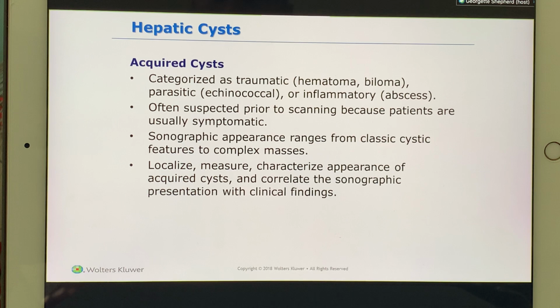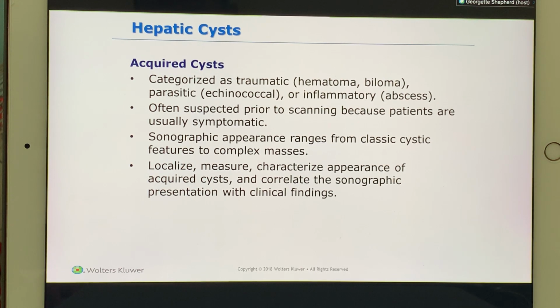Oh, wow. So, acquired cysts are usually going to be traumatic, such as a hematoma or a bilioma. Or they can be parasitic. If they're parasitic, echinococcal. If they're inflammatory, they are called abscess.